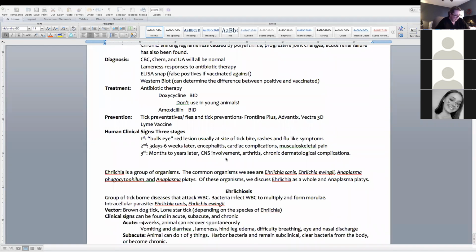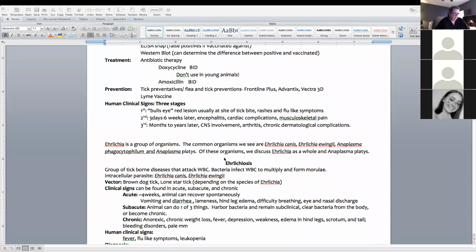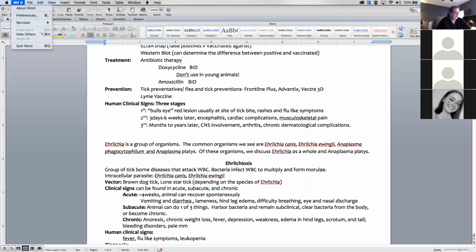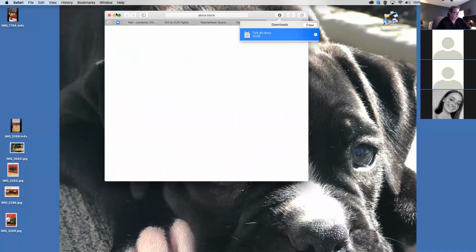Now, Ehrlichia. It says, how can ehrlichiosis infection be diagnosed by looking at a smear? When you look at a blood smear, Ehrlichia is a group, so there are different Ehrlichias, and they tend to infect the white blood cell and form a morula. Let me see if I can pull up this picture.